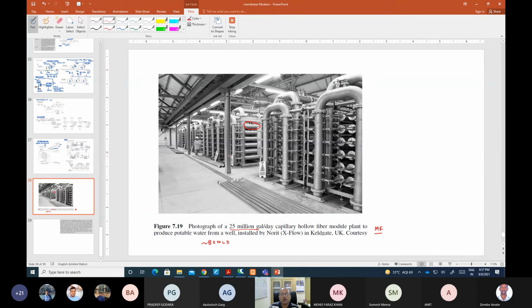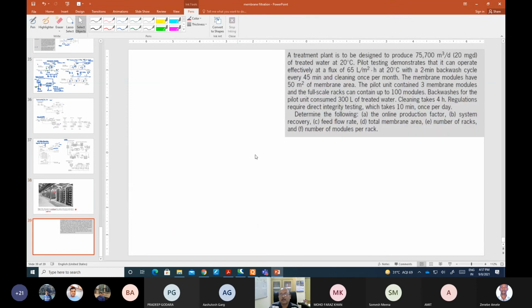The only thing is that you require a little more electricity, and that's it. Today I could not find the time to get into the one example, so in the beginning of the next class, we'll definitely discuss this example.